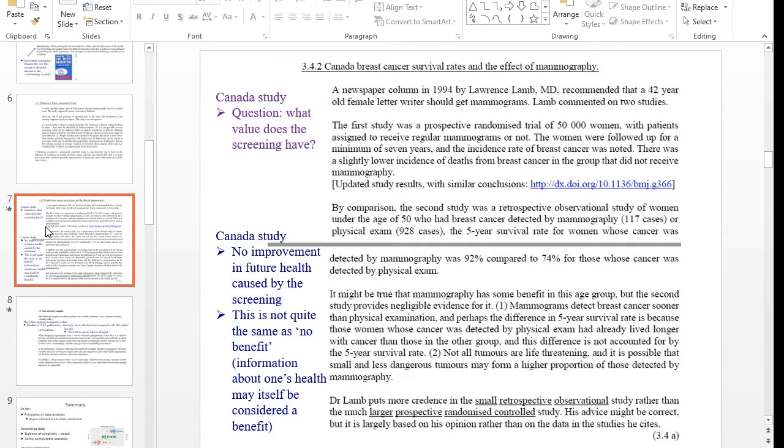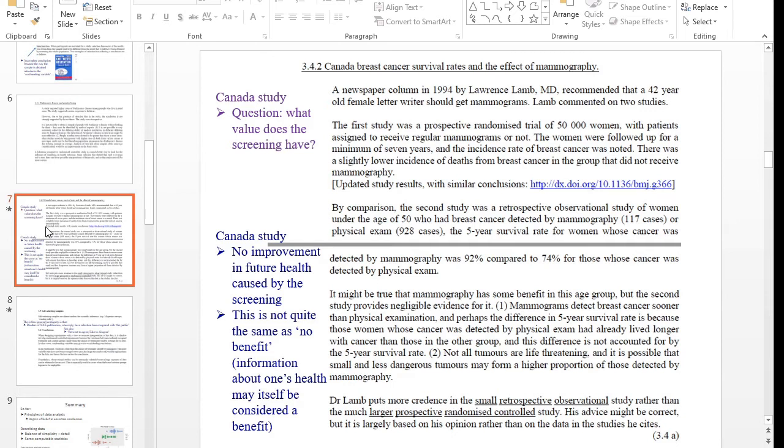It was designed with a control group: no automatic regular mammograms versus yes, automatic regular scans. So this was designed to avoid all of the problems of observational studies, and it came out with the effect that sending people to get regular scans didn't cause any health benefit.